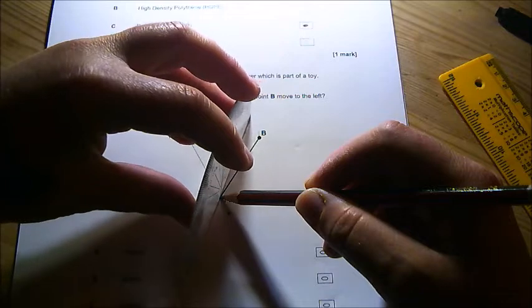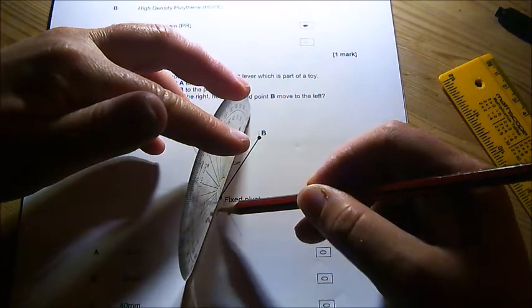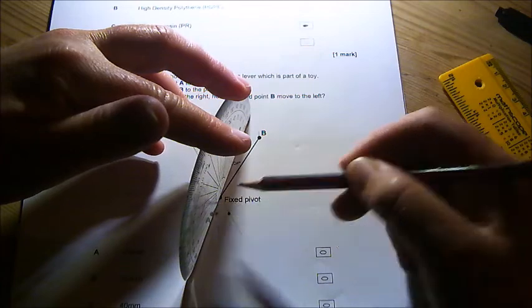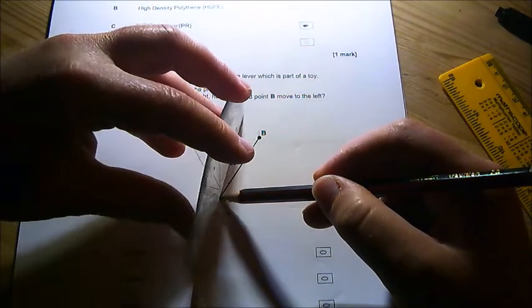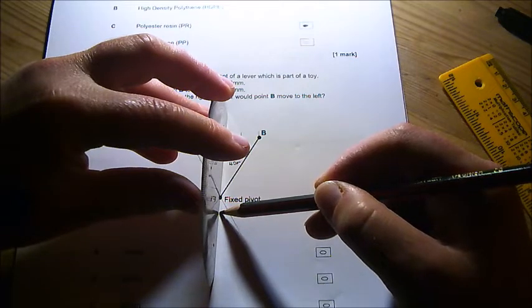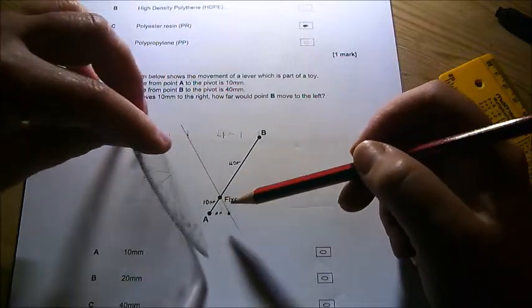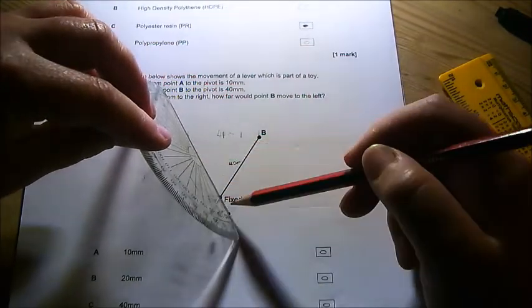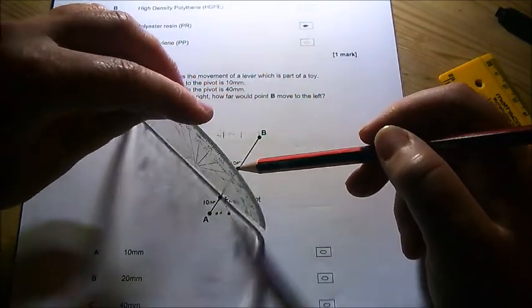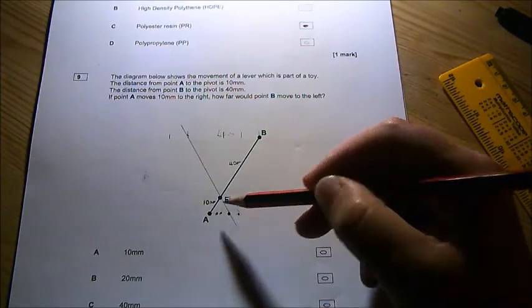If I move to the 10, then that doesn't move point A 10 mil across, it moves it to about there. If we move it to the 20, that definitely doesn't move it over to the 10 mil here. If we move it over to the 40, we've kind of already worked that out, and if we moved it over to the 50, then the dot would be over here, so that's more than 10 mil.